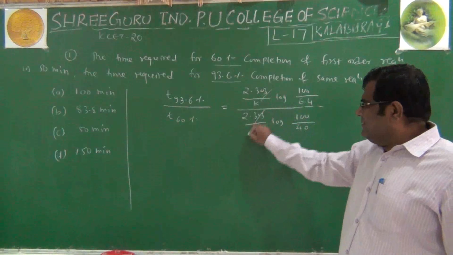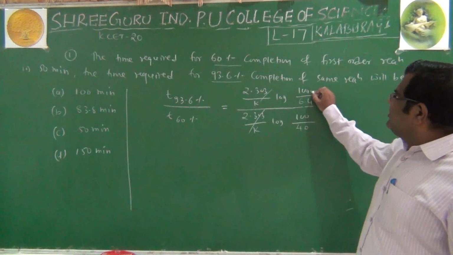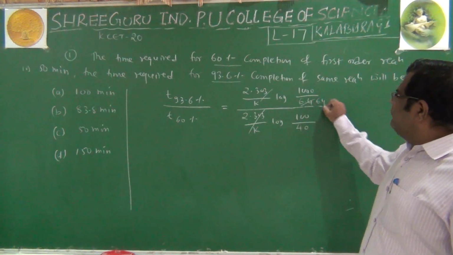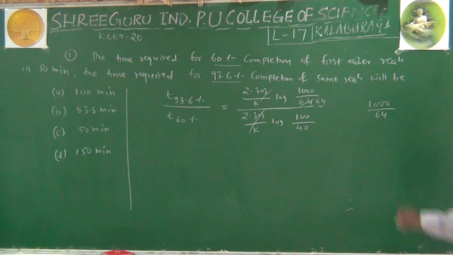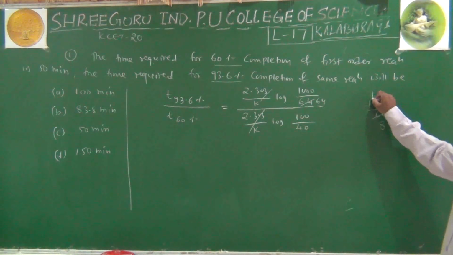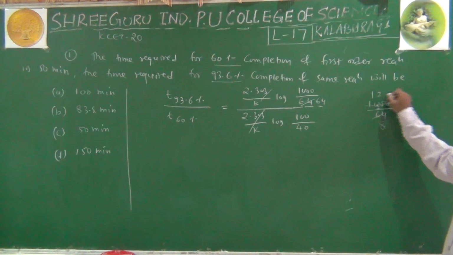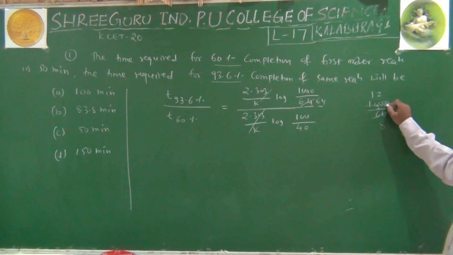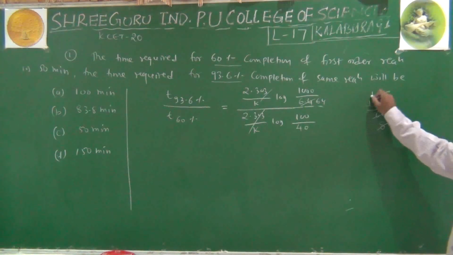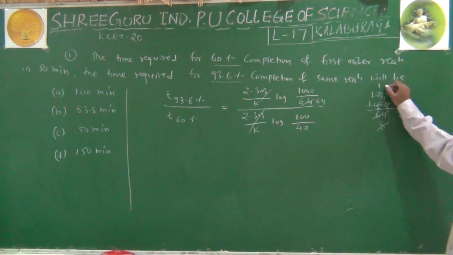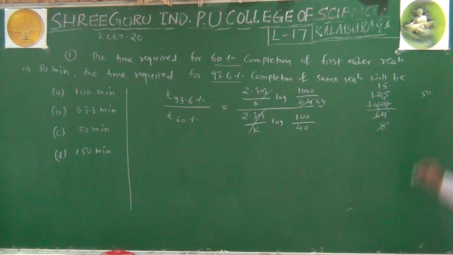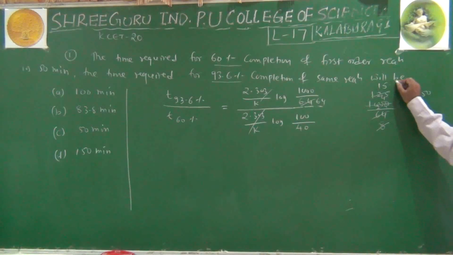We can cancel this, increase one zero here and make it 64. 1000 by 64: 8 8s are 64, 1 2 remains, 8 2s are 16, 4 remains, 8 5s are 40, 5 remains, and again 8 6s are 48.